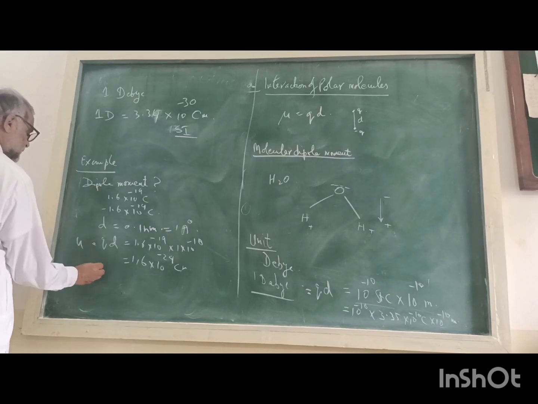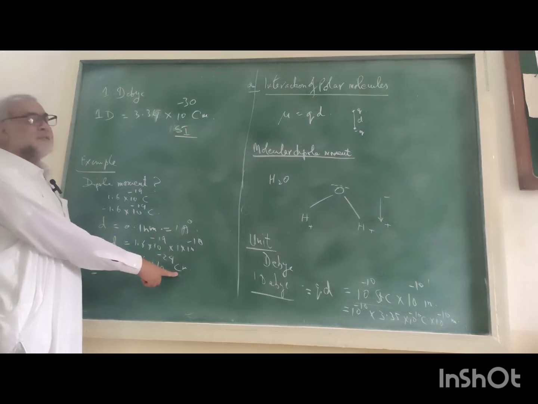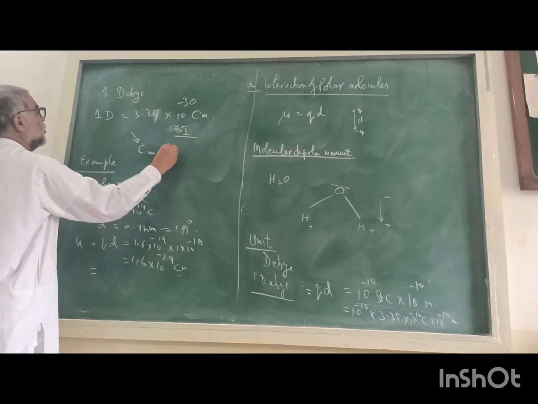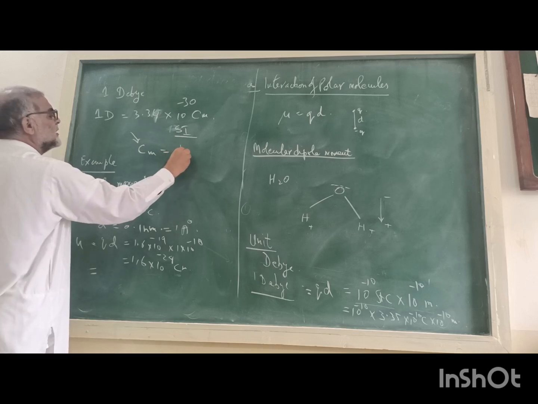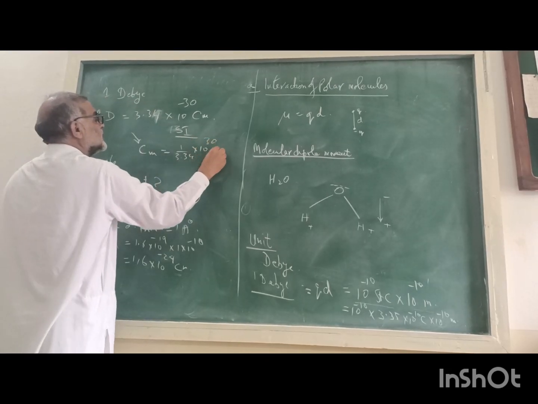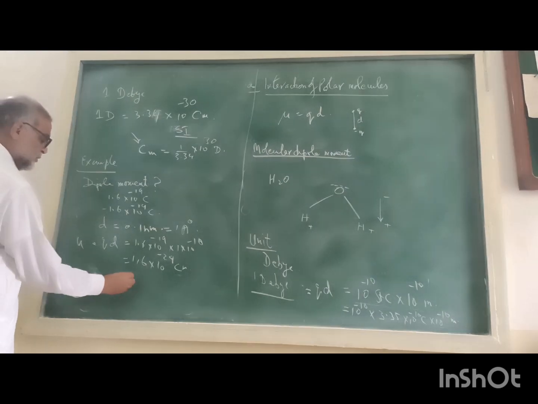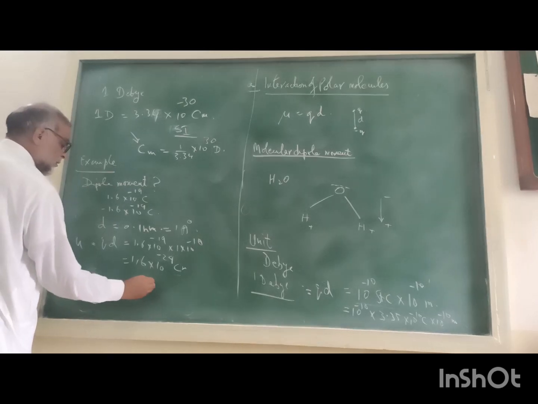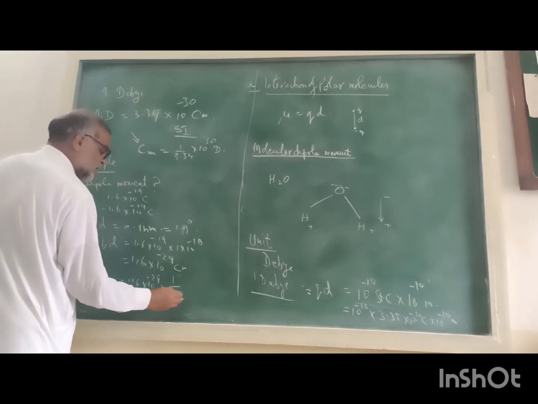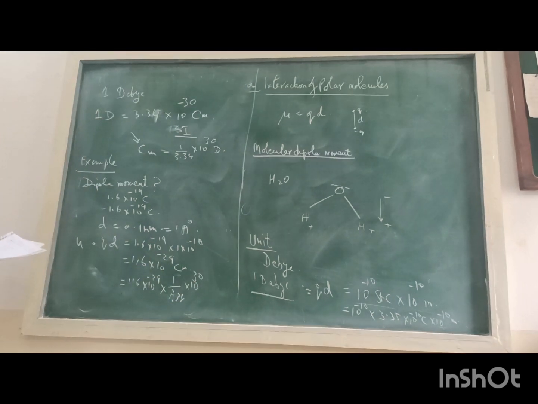Now, we know that 1 coulomb meter is equal to 1 over 3.34 times 10 to the power 30 debye. So we put it there, and it will be equal to 1.6 times 10 to the power minus 29 multiplied by 1 over 3.34 times 10 to the power minus 30.